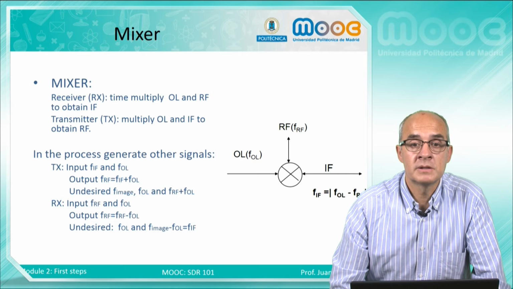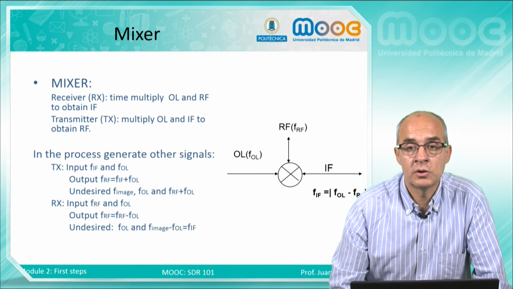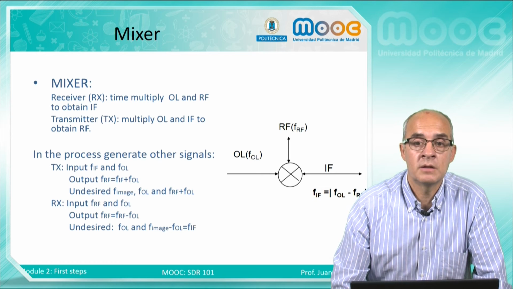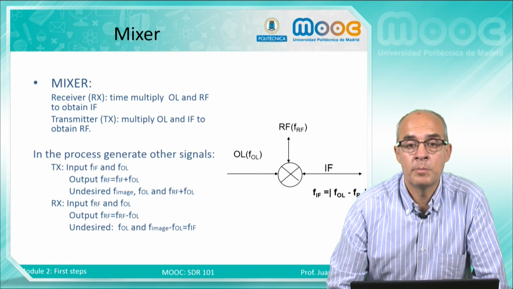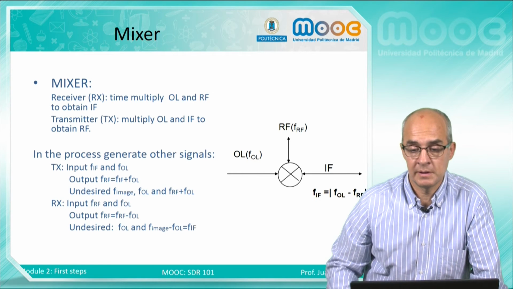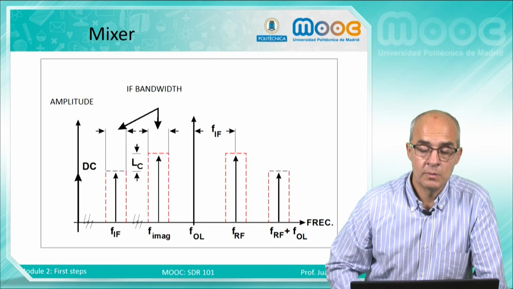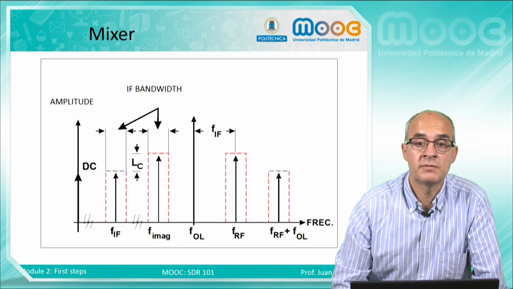In the process, we generate other signals. Some of them are the local oscillator and some non-desired components like the image frequency. We can see these signals in this frequency spectrum.